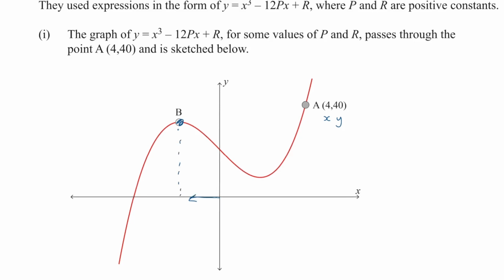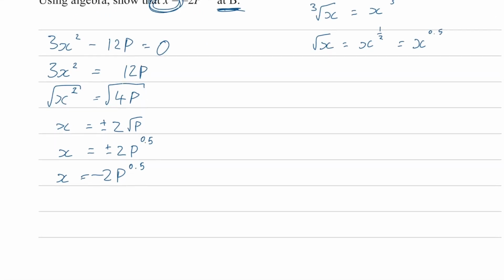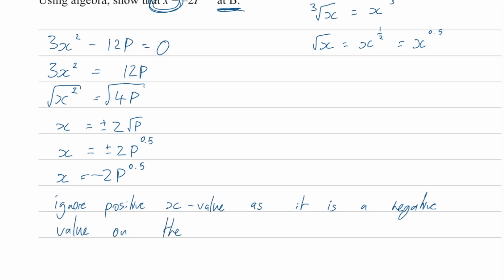Therefore, we can just conclude by inspection that the x value for B must be negative. Right? Straightforward. So let's just say that: ignore positive x value as it is a negative value on the graph. And so we're just justifying why we could ignore the positive solution.